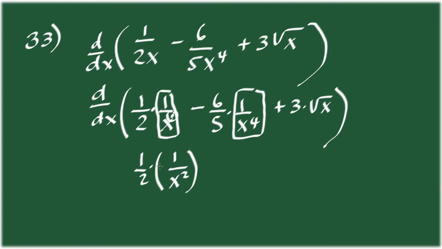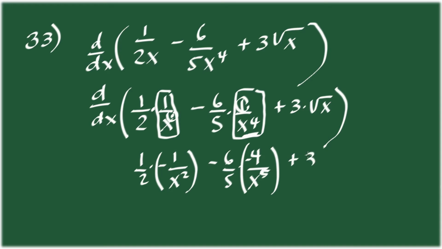And the last thing we do is make sure we switch the sign. Now the same process applies here because this is a reciprocal. So we multiply the 1 and 4, we get 4, over x raised to 4 plus 1, so now raised to 5, and then switch the sign.